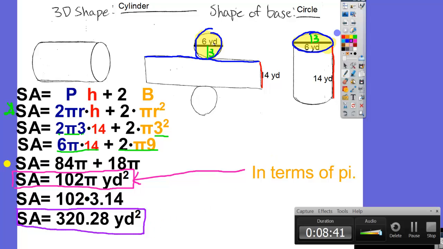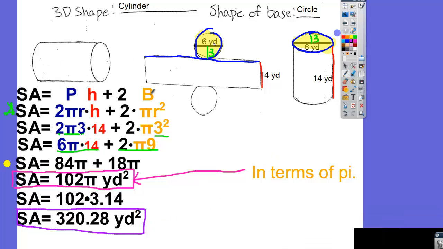So this is how we find the surface area of cylinders. We made connections between the perimeter of the base and the distance here on the rectangle. We also made connections between the cylinder formula here, 2 pi rh plus 2 pi r squared, and how that represents the same as Ph plus 2 big B's.